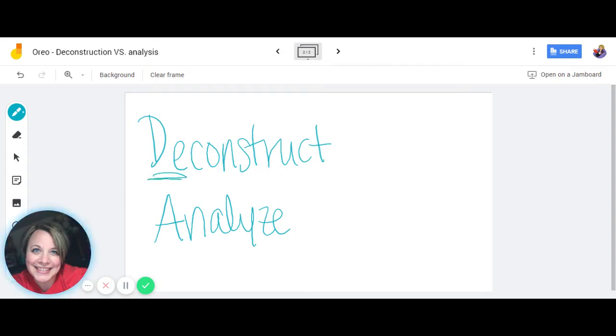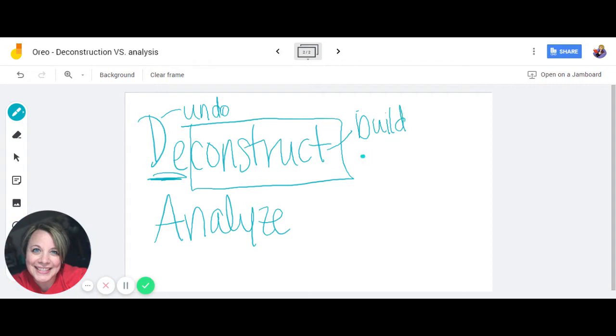But if we look at the word deconstruct, right, we can break it down into its pieces. And de means to undo, construct means to build. Okay, so we're literally breaking something into its pieces.